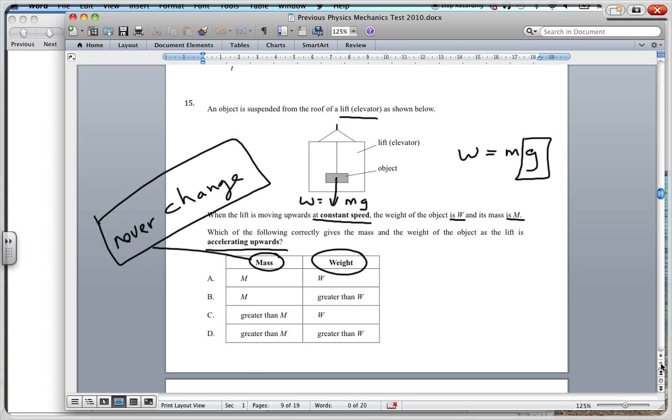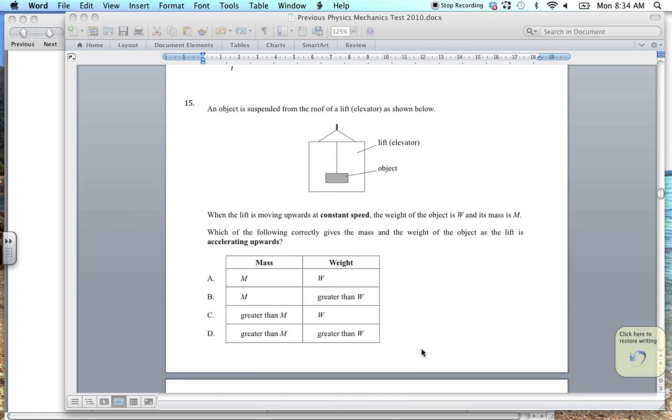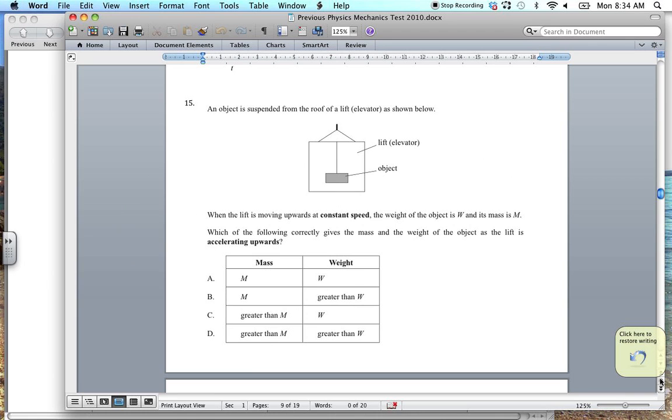But the weight does change. It depends on the mass times its acceleration. So if the acceleration is now greater, it's going upwards, then it would be greater than W. And so 15B would be the correct answer there. Going to 16.